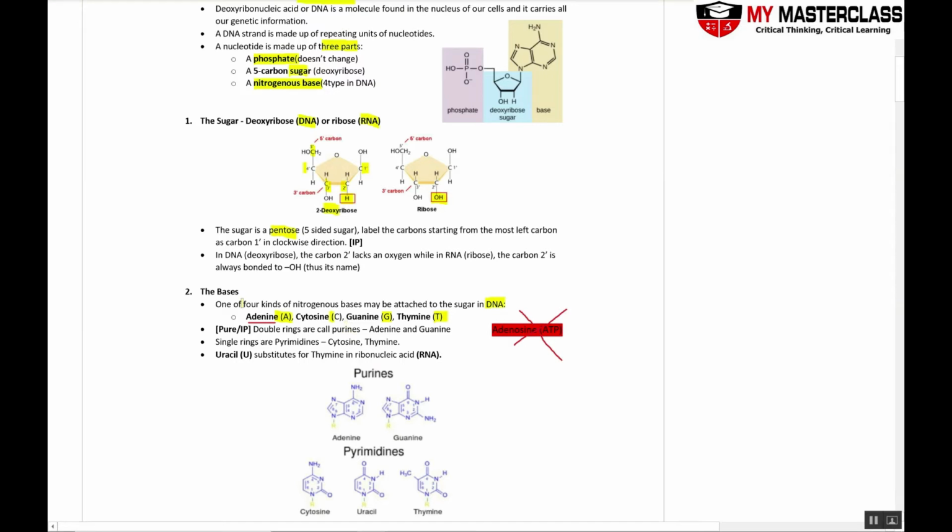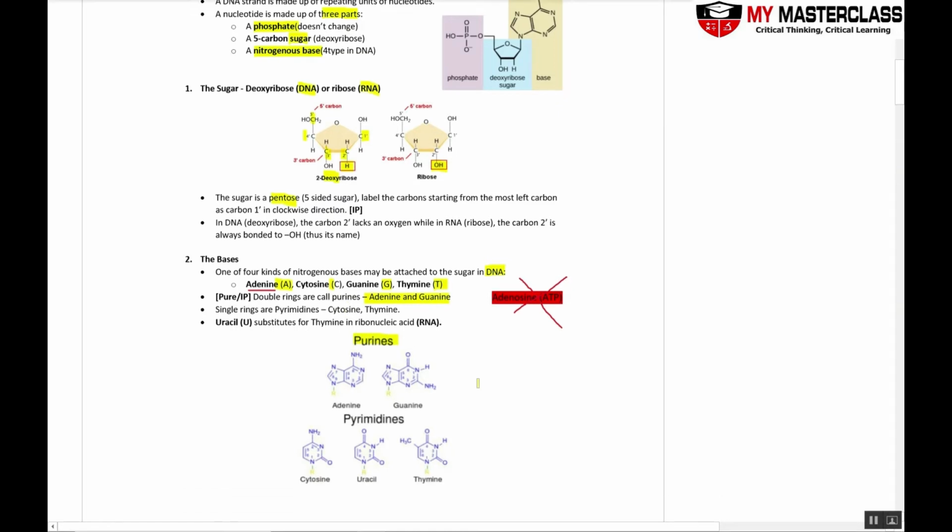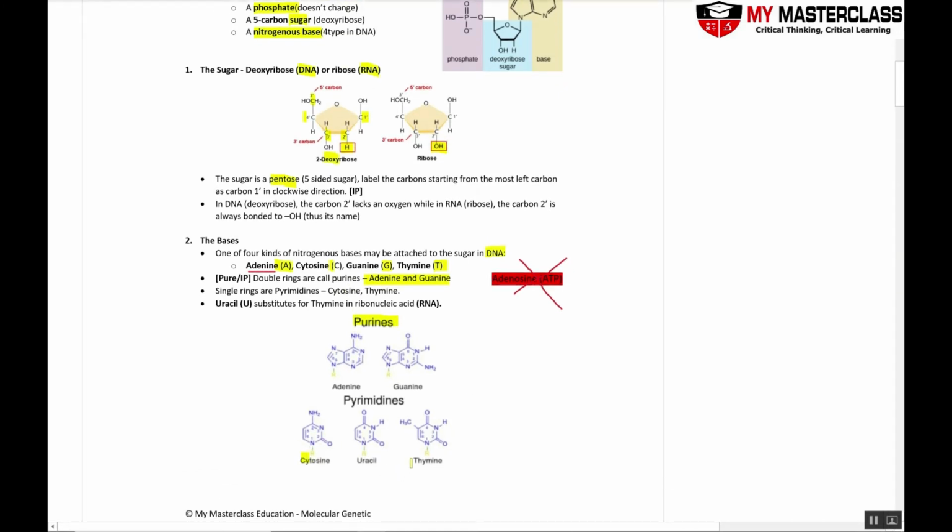Once we understand that there are the 4 types of nitrogenous bases, A, C, G, T over here, A and G is what we classify under the group of purines, whereas C, cytosine, and T for DNA itself is classified under pyrimidines. So we can see the difference over here.